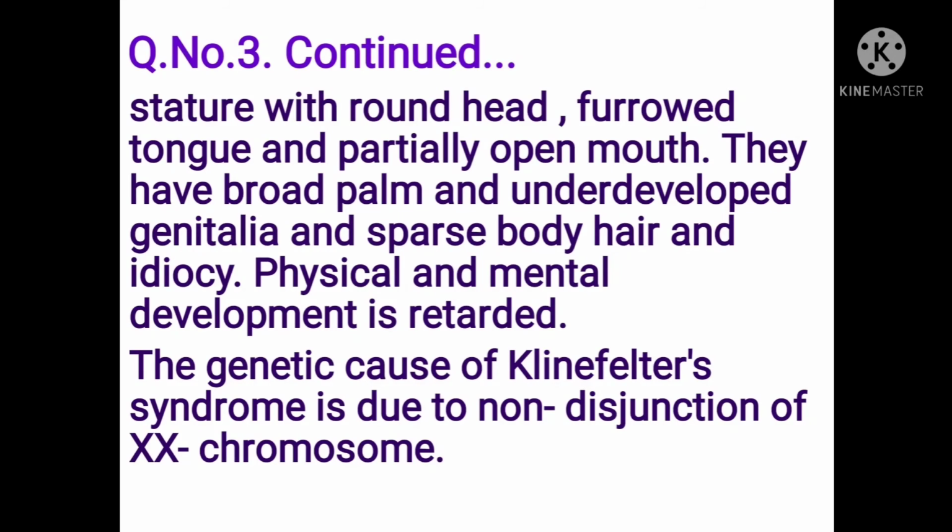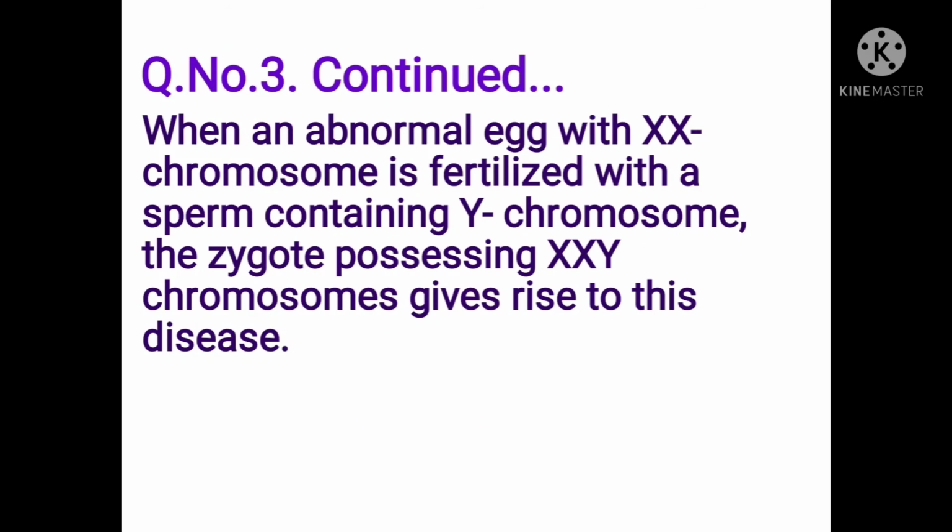The genetic cause of Klinefelter syndrome is due to non-disjunction of XX chromosome. When an abnormal egg with XX chromosome is fertilized with a sperm containing Y chromosome, the zygote possessing XXY chromosomes give rise to this disease.